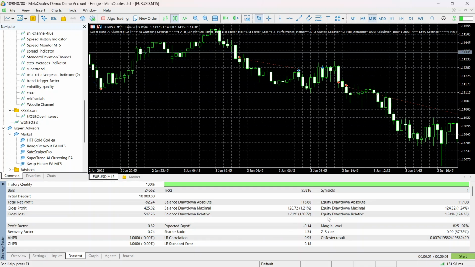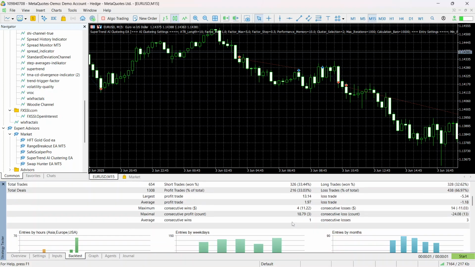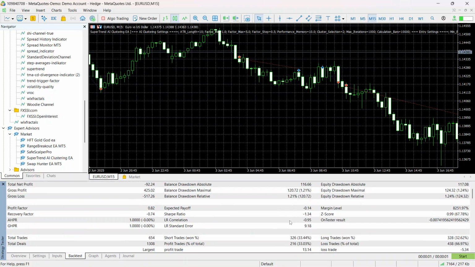Our win rate is right around 33%, with over 650 trades taken in total. That's 216 winners versus 438 losers, as you can see here. An okay result, not good, not bad, just there.